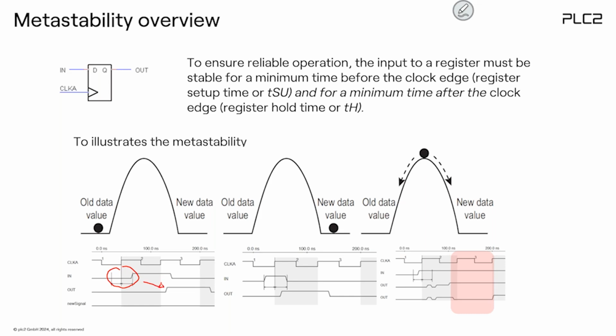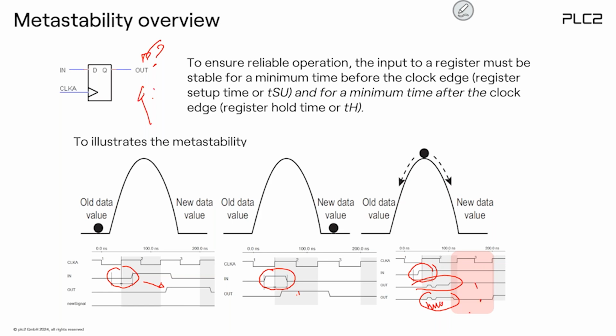If you maintain the setup and hold time, it's also okay. But if we violate the setup or the hold time, you don't know what will really happen here. It may go up, or it may have some ringing but then still go down. That's a big problem.